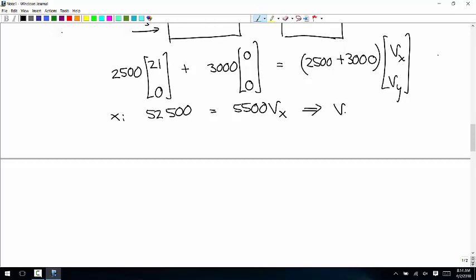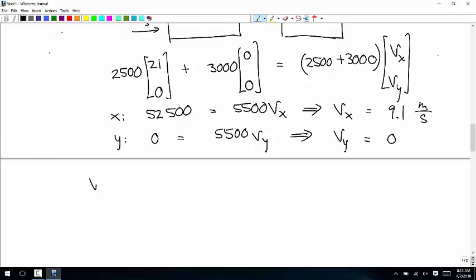And so what's Vx? 9.1. And then the y equation says 0 is equal to 5,500 Vy, so Vy is 0. So the velocity after the collision is 9.1, 0.